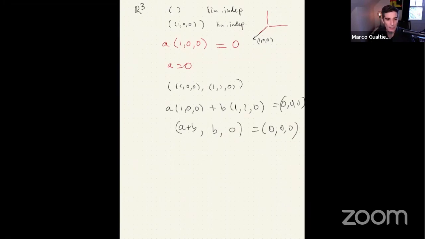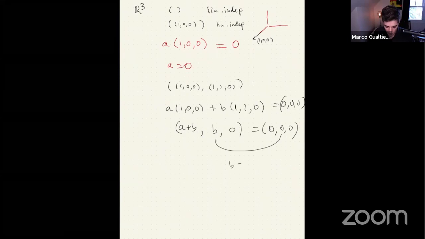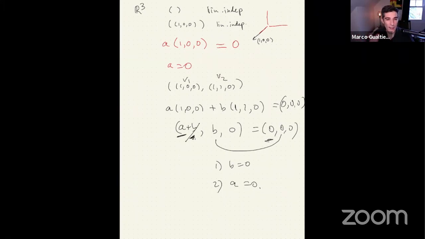Well, the only way this is possible is if, first of all, B is 0, and number 2, if B is 0, then A would have to be 0. So the only way for me to take a combination of V1 and V2 to be 0 is if I took 0 as the coefficients. That's telling you that there's no way for me to express V1 as a multiple of V2 or V2 as a multiple of V1, that they're pointing in different directions. That's what linearly independent means.